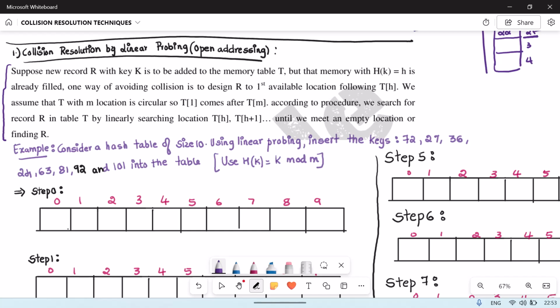Suppose there is a new record R which I want to insert into the hash table.